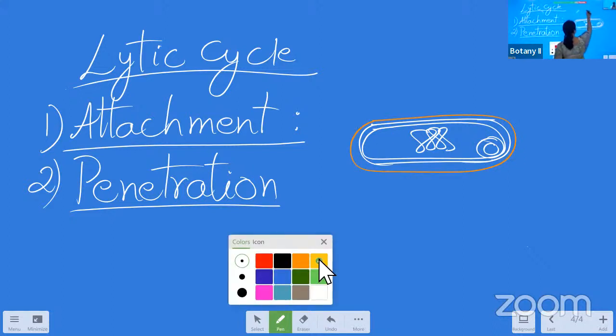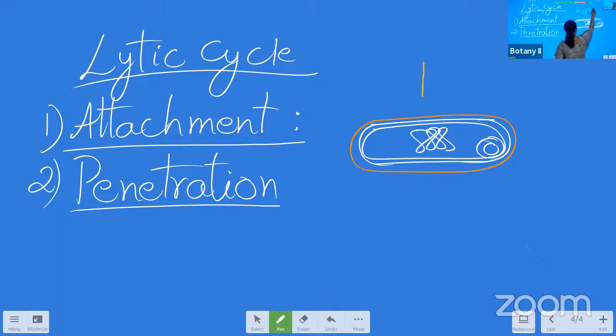Now, this virus, see how I drew it previously, now how I am drawing it. So in the penetration, what happens?